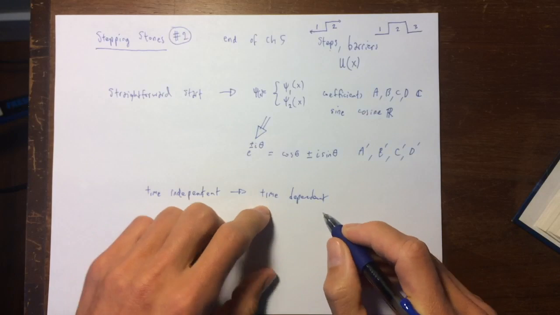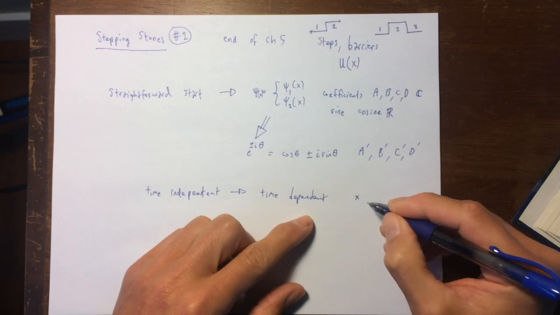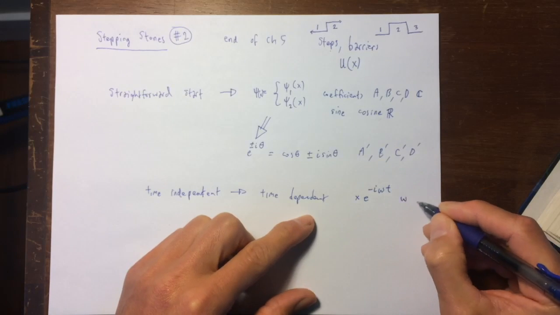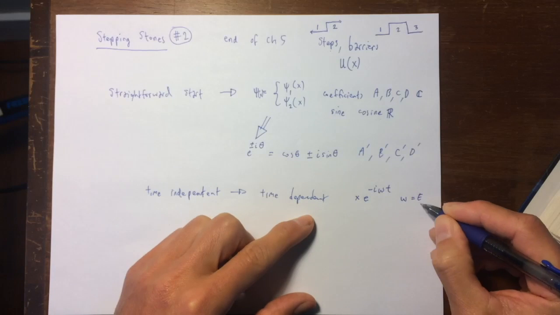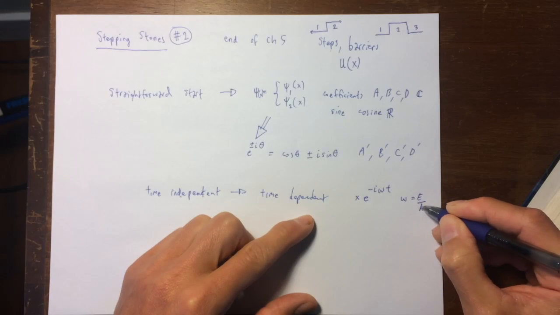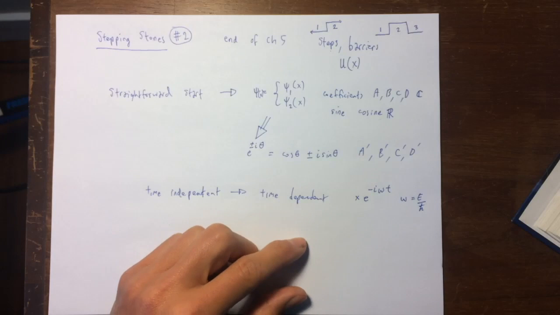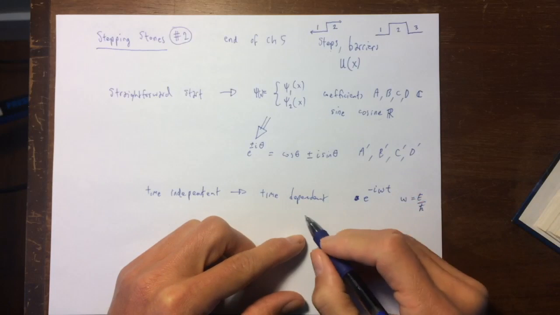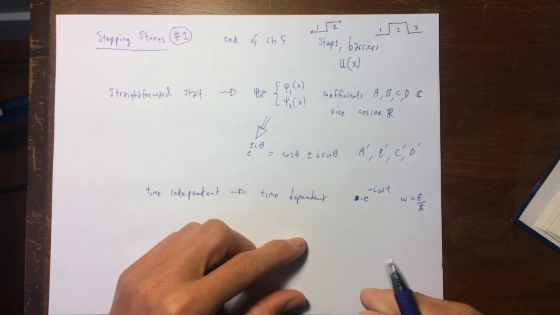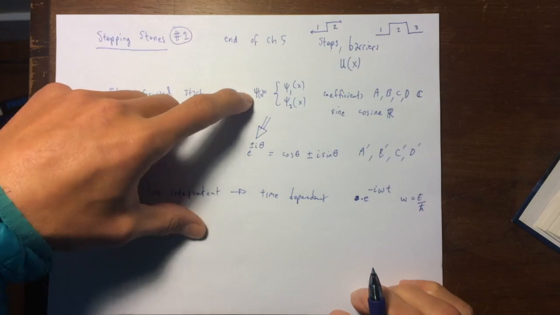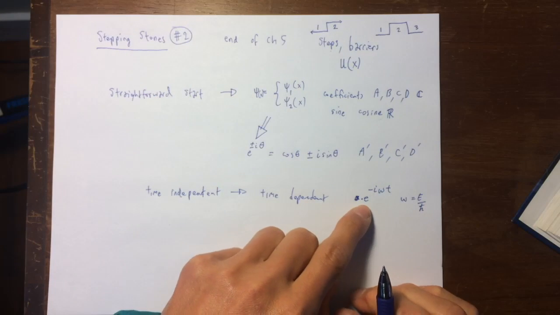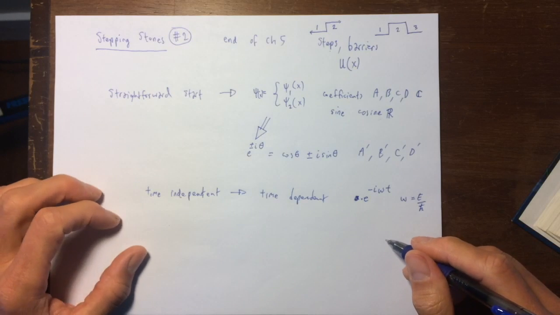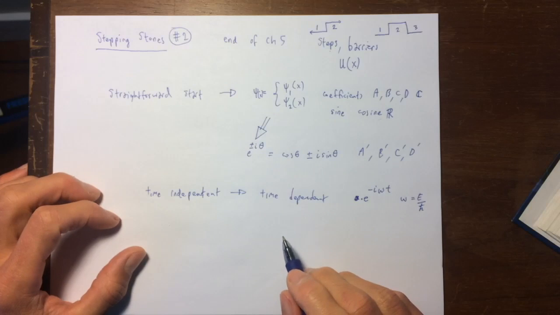The way you make it time dependent is you simply multiply by e to the minus i omega t, where omega is the energy of our little particle divided by h bar. That's not an x. What you have to do is multiply your time independent answer by this time dependent factor. That turns out to be the answer for how to make this thing time dependent.